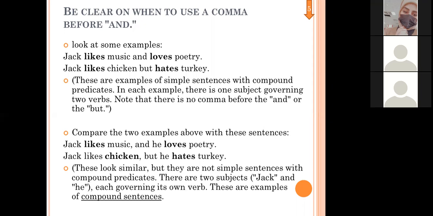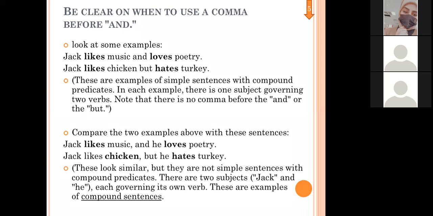That is why there is a comma before and. Use a comma before an and, but, or, etc. that joins two independent clauses, clauses that could stand alone as a sentence.